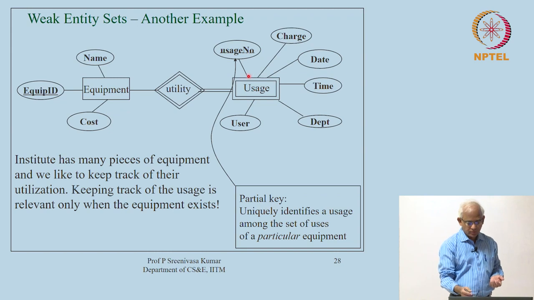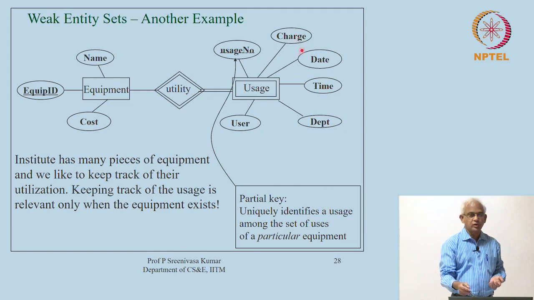The usage is modeled as a weak entity, and it is connected to the equipment strong entity, the owner entity, through this identifying relationship called utility, and then it has its own attributes. What is the usage number? Something which uniquely identifies the usages of a particular equipment, and then who has used it, which department that particular person belongs to, when it was used, date, time, and what are the charges.